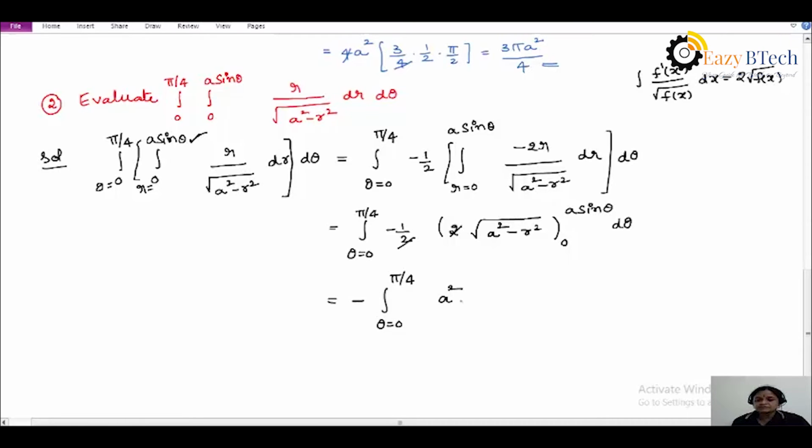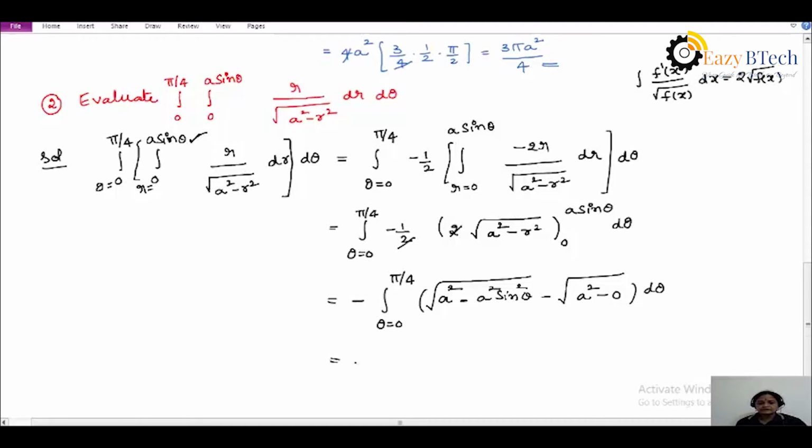In the place of r we have to apply the upper limit a sin theta. If r square is there, then the value is a square sin square theta, and minus the lower limit for r square, a square minus 0, into d theta.